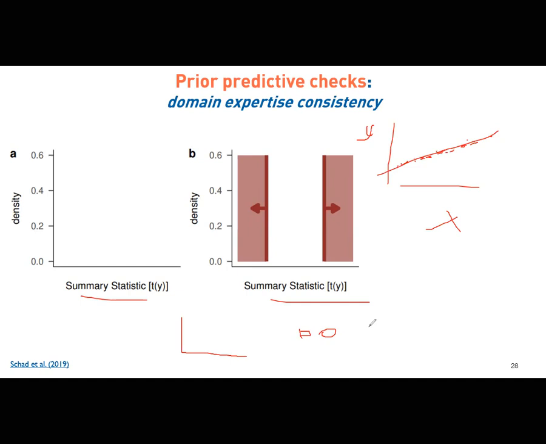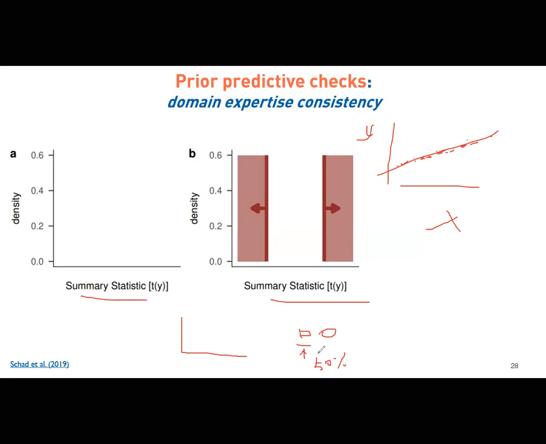I just close my eyes and randomly make a choice. How often will I choose the correct answer? 50%, right? Chance level. If I just close my eyes and make a random choice, I will have chance level performance.